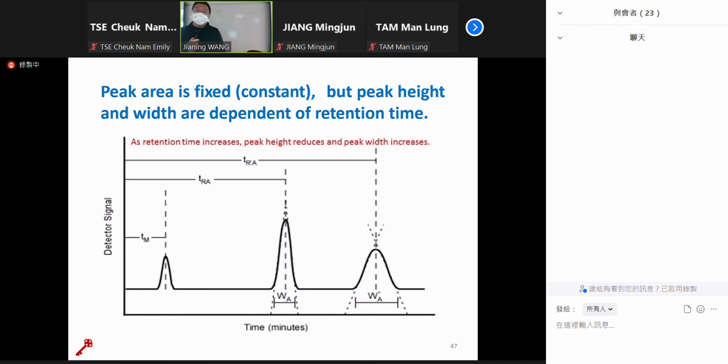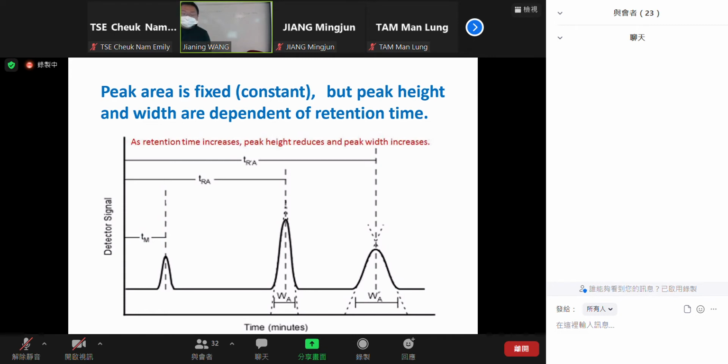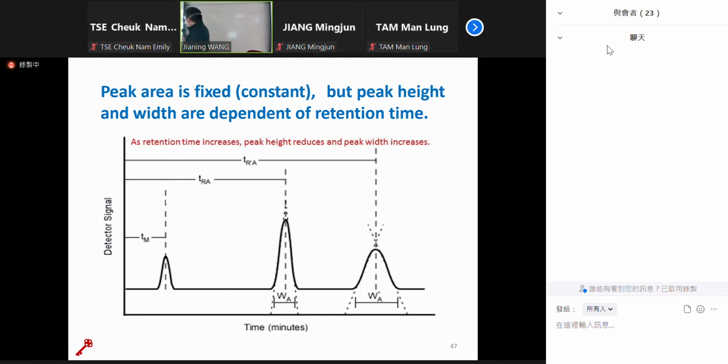The peak area is fixed, but peak height and width depend on retention time. I will explain this in more detail, and it is also related to a very important theory.